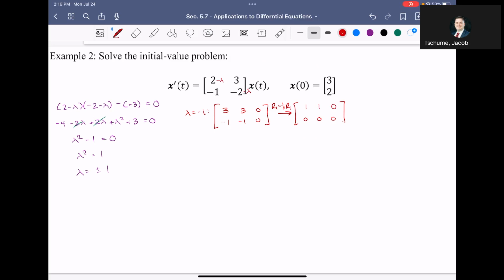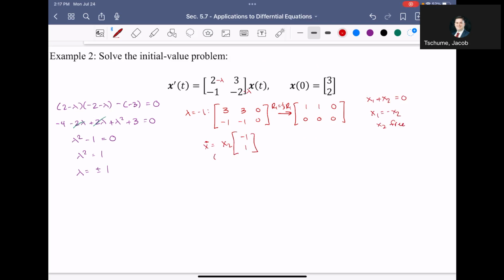Done these a bunch of times now. x1 plus x2 is going to equal 0. And so x1 is going to equal negative x2, with x2 being free. So my entire eigenspace x is defined as the free variable x2 times the vector negative 1, 1.